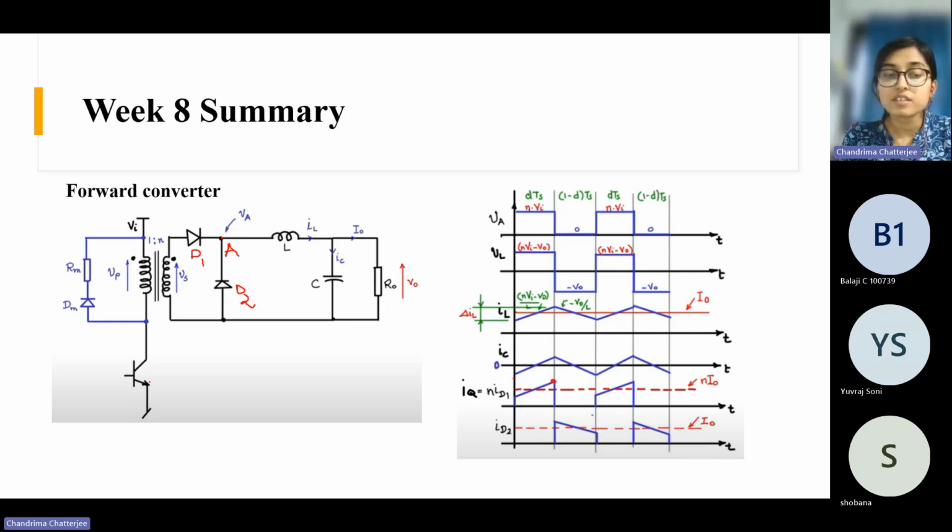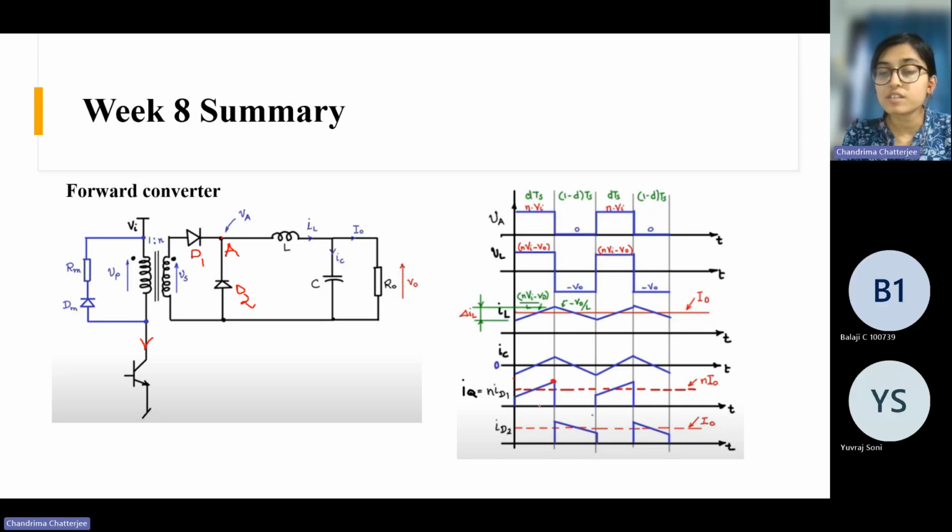And if we see the current through this switch IQ, when this switch is on, the primary current, the current flows through the switch, and the same current basically flows through the inductor. So the current shape is like this. Only it is multiplied by n because there is the transformer in between. That's why. So during DTS period, the current through the switch is like this, just like the inductor current. And then we turn off the switch, so there is no current.